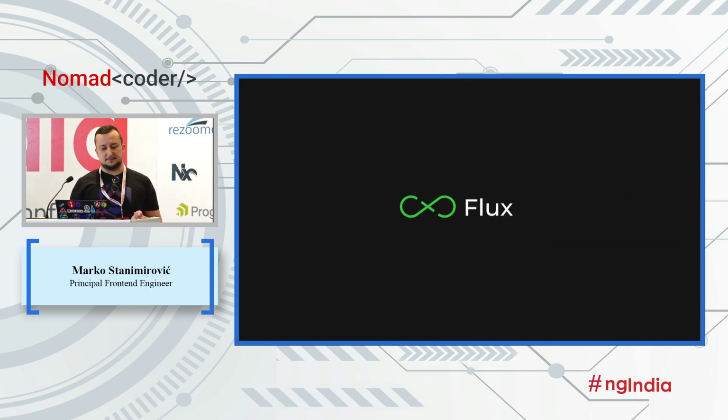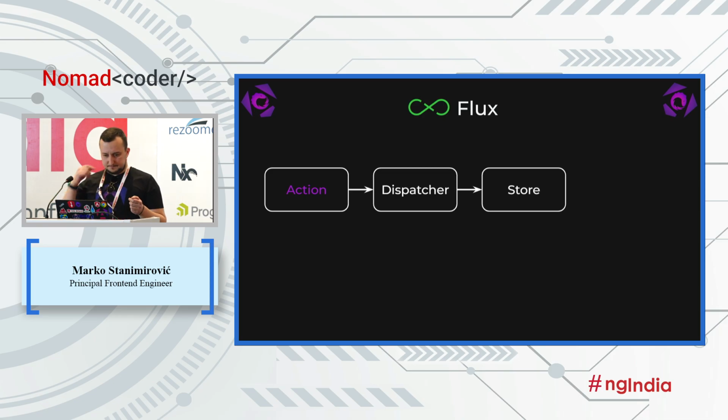Let's now talk about Flux. Flux is made of, let's say, three main building blocks. We have a dispatcher as a central place. When some event happens in our system, we dispatch an action to the dispatcher. Then the dispatcher will notify relevant stores. In the initial Flux pattern, we had multiple stores. When some action is dispatched to the dispatcher, it will notify a relevant store that the action happened.